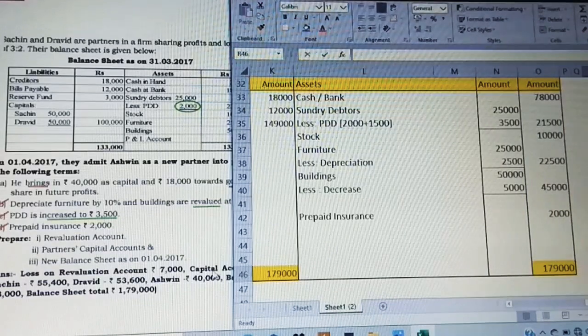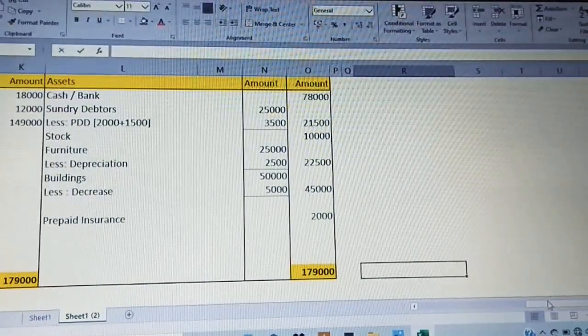So I got both sides as equal value. The total of the balance sheet is tallied, which is equal to the printout which is given in the question. Just observe the values. Now the balance sheet is tallied.